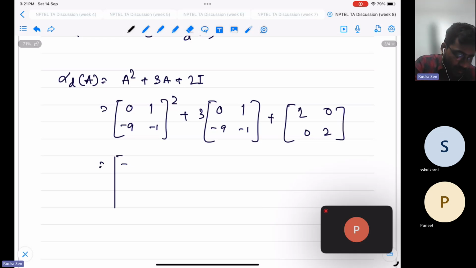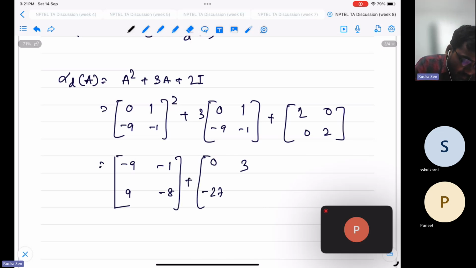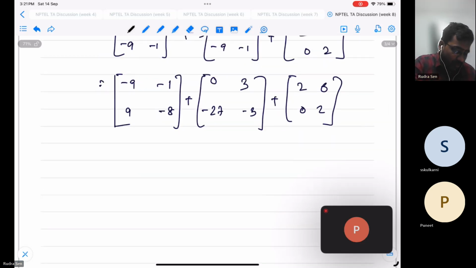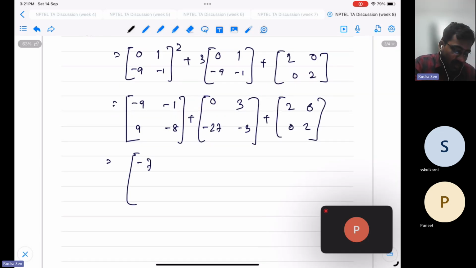So the square is -2, -3, 6, 7, and after adding we get -0, 0, 0, 0.